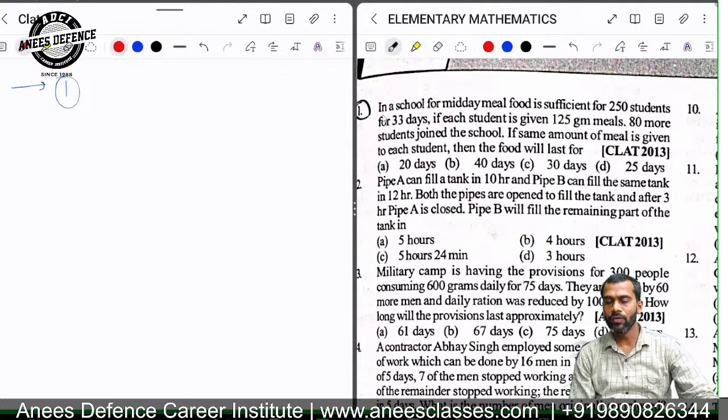Please try to solve question number one. Shall I solve it? Has anyone got the answer?